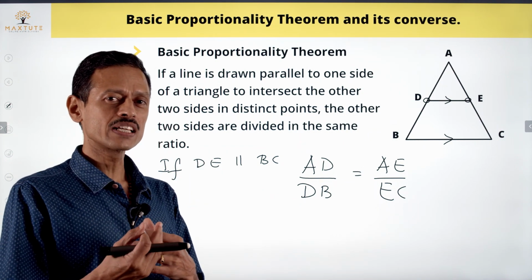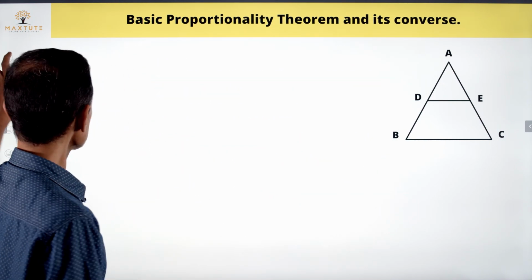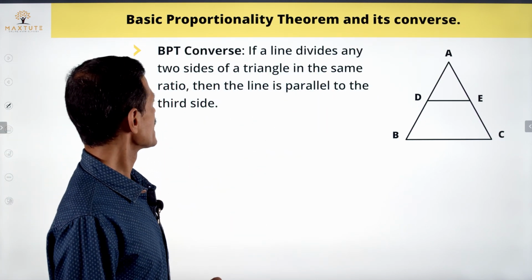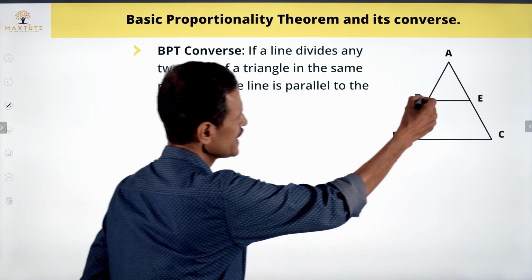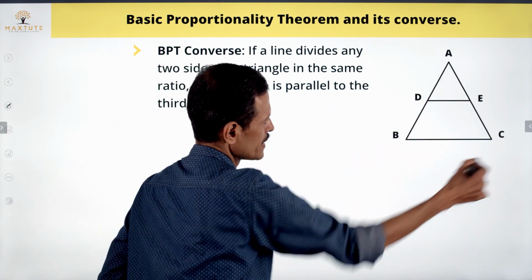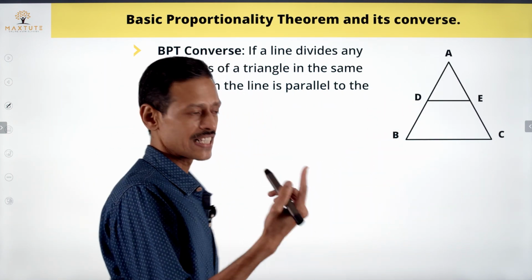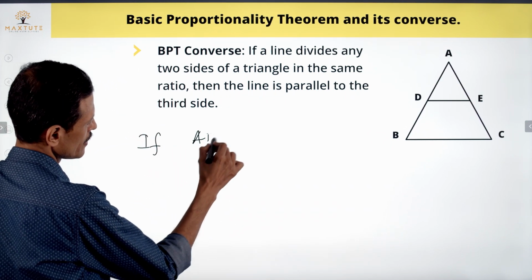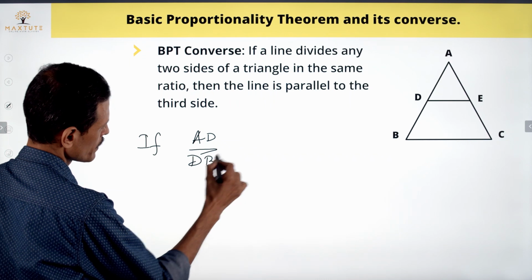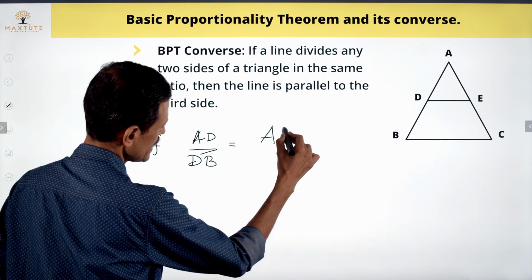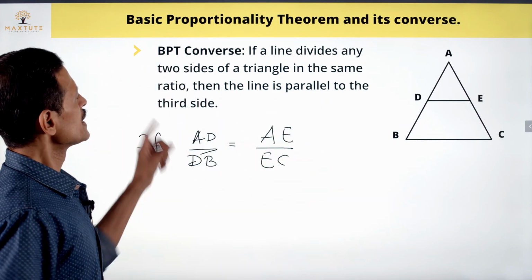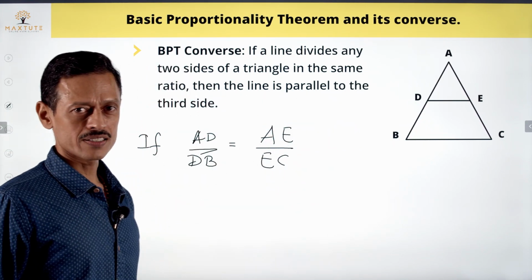We are actually going to be using the converse of this theorem. The converse of the theorem reads as follows. If a line divides two sides of a triangle in the same ratio, if DE divides two sides AB and AC in the same ratio, which is to say that if AD divided by DB is equal to AE divided by EC, if this were true, then the line is parallel to the third side.